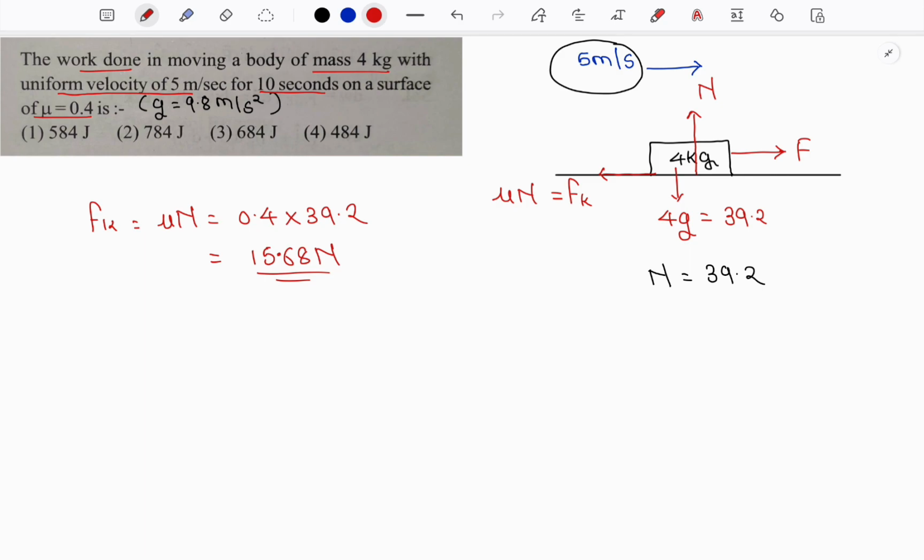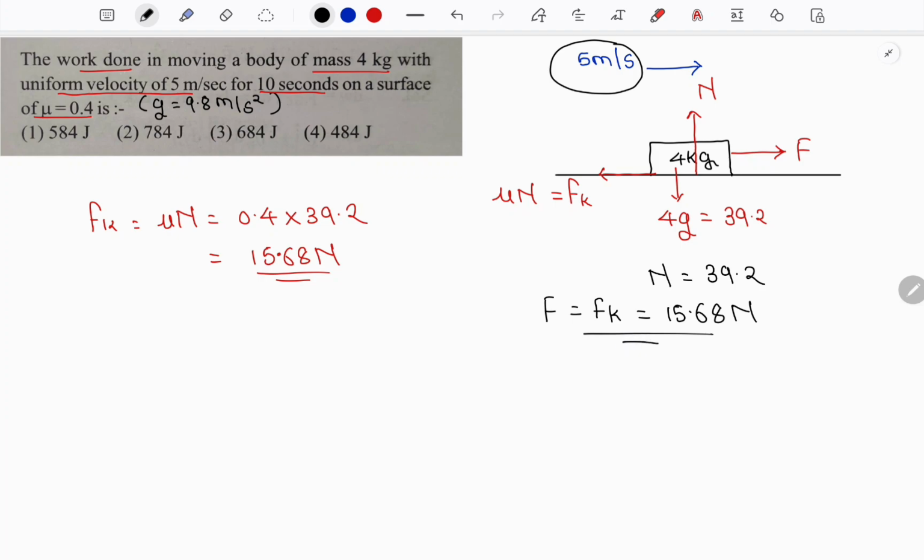So to maintain a constant velocity, the new force that we put on this body acting towards right must be equal to the kinetic friction, and its value comes out to be 15.68 Newton, which we have already calculated.